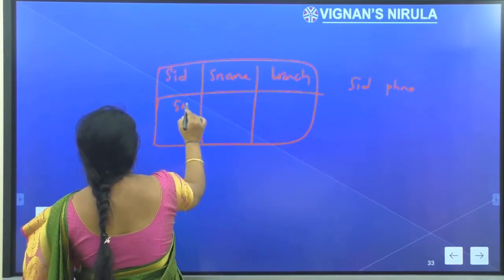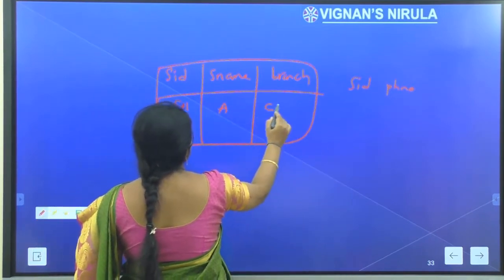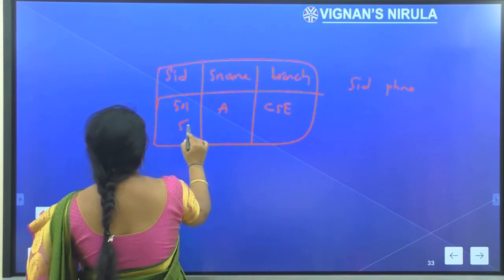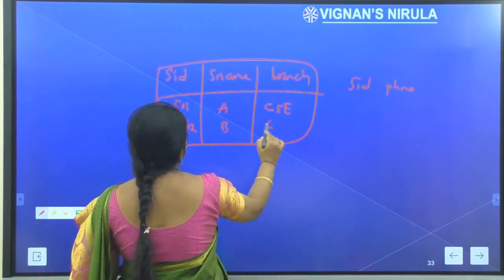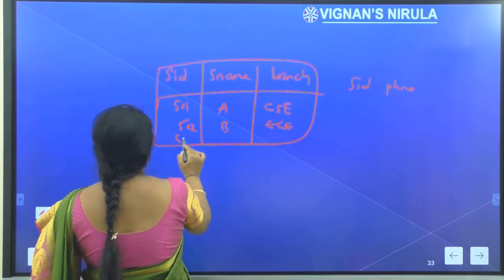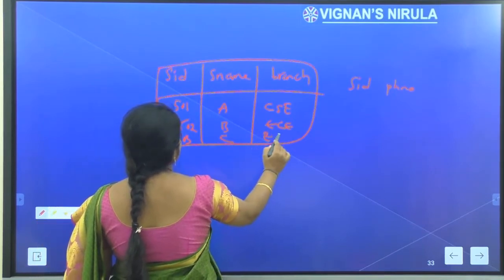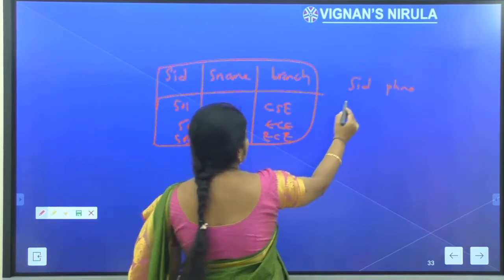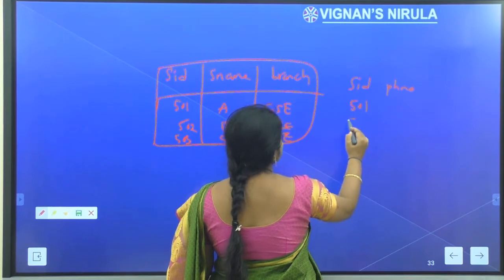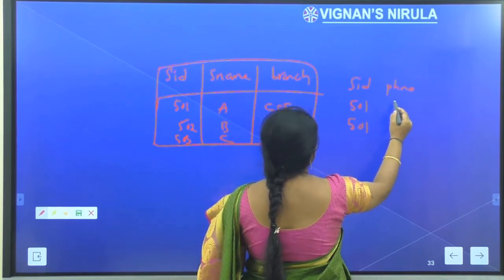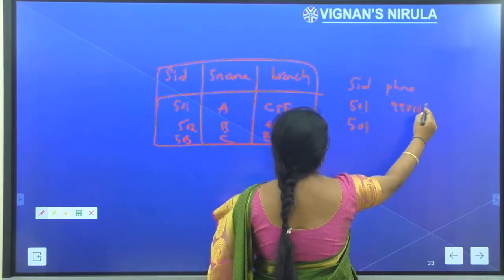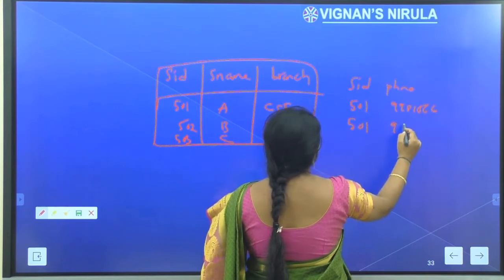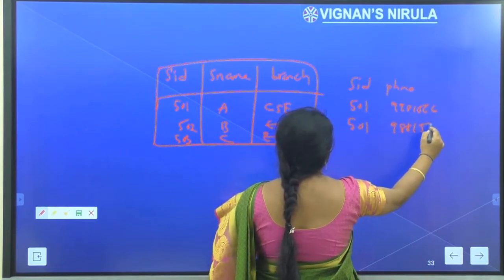For 501 student A, CSE, 502 student B, ECE, 503 student C, EEE, only the SID field is replicated. Whatever phone numbers I have, that many times I can replicate here.